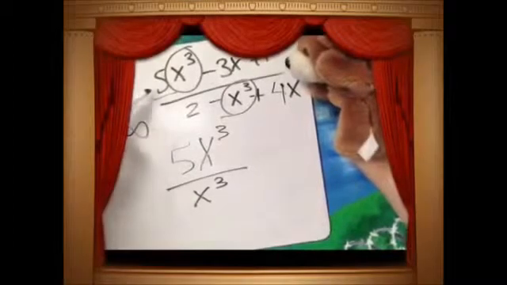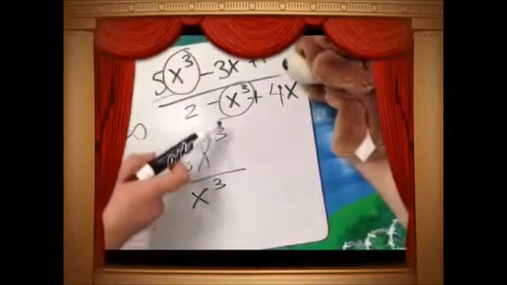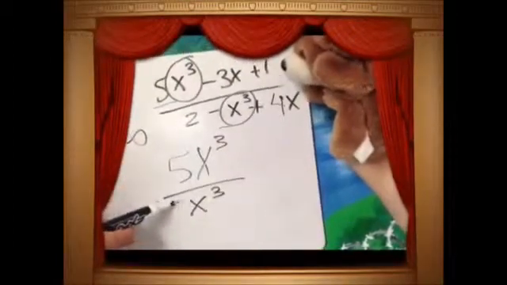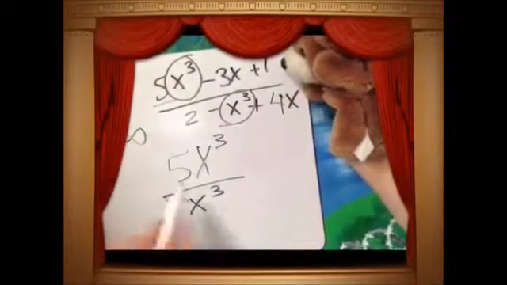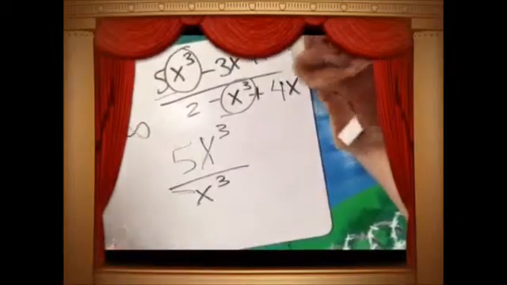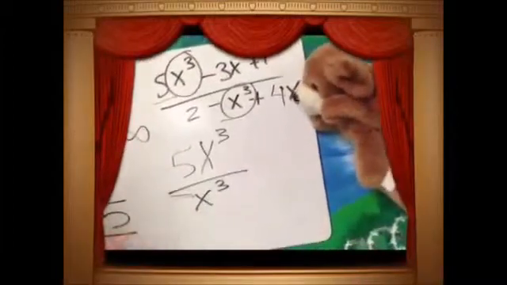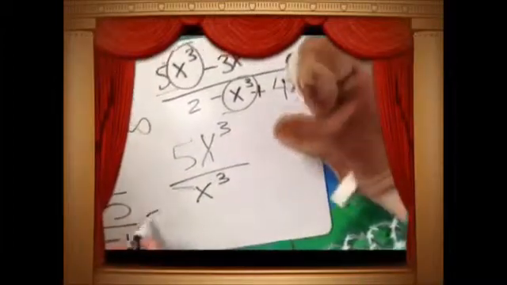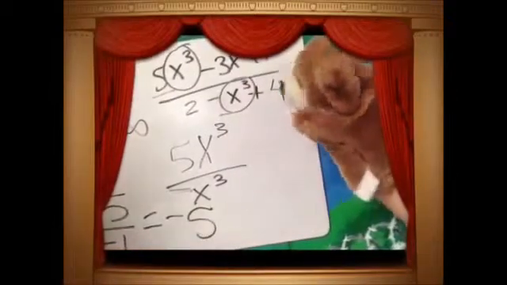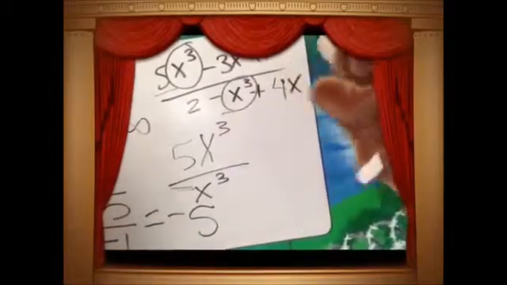So here you just rewrite 5x cubed over negative x cubed. So the limit is 5 over negative 1, right? Yes, it'll be 5 over negative 1, which equals negative 5. So the calculator is located 5 steps north of this barbed wire. Yay!